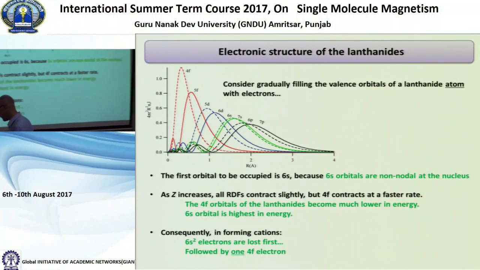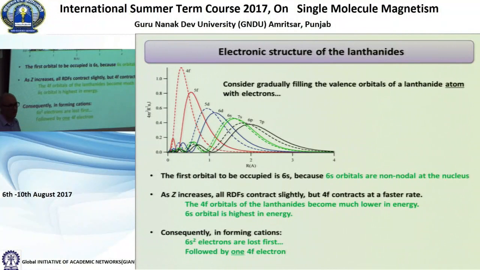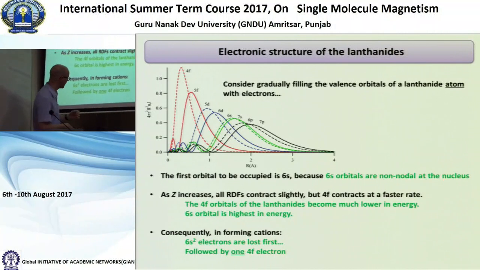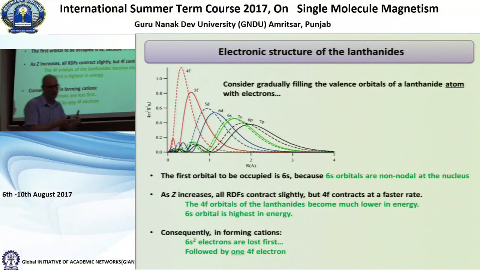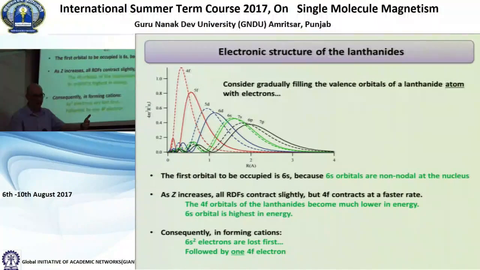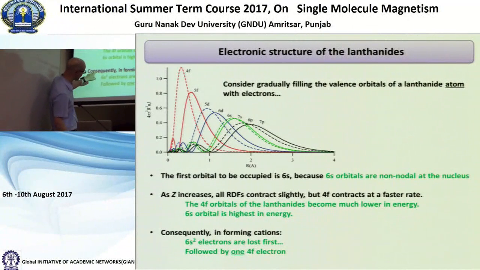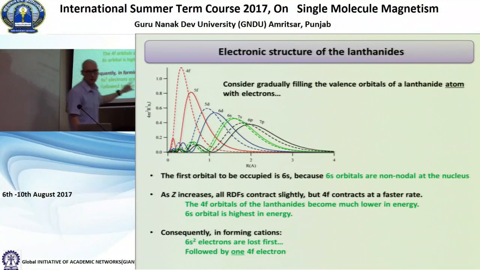So, lanthanides, being metals, form cations very readily, but they typically form a specific type of cation in the vast majority of cases. So if you place a metal atom near an atom that can potentially become a ligand, you will oxidize your metal atom to form a cation. When you do that, you lose both of your 6s electrons, and you lose them first.